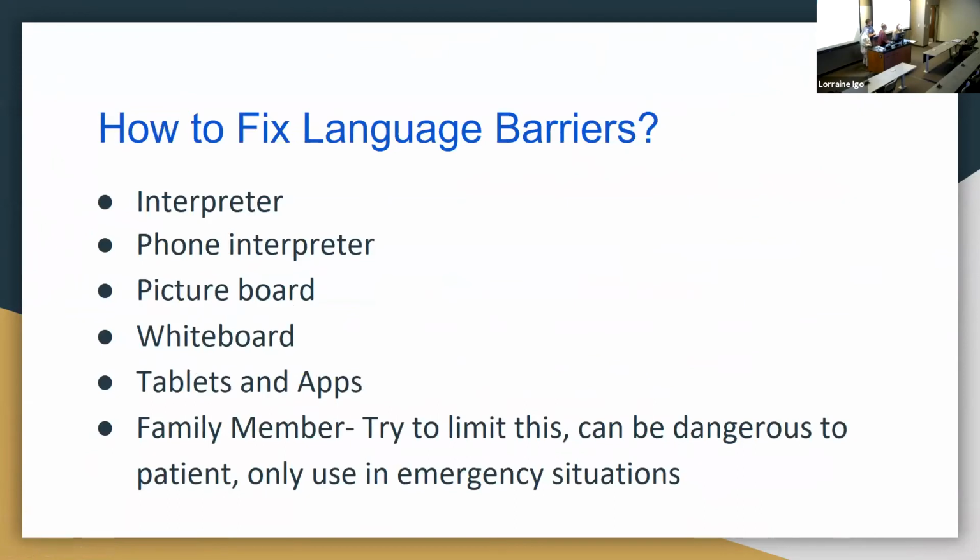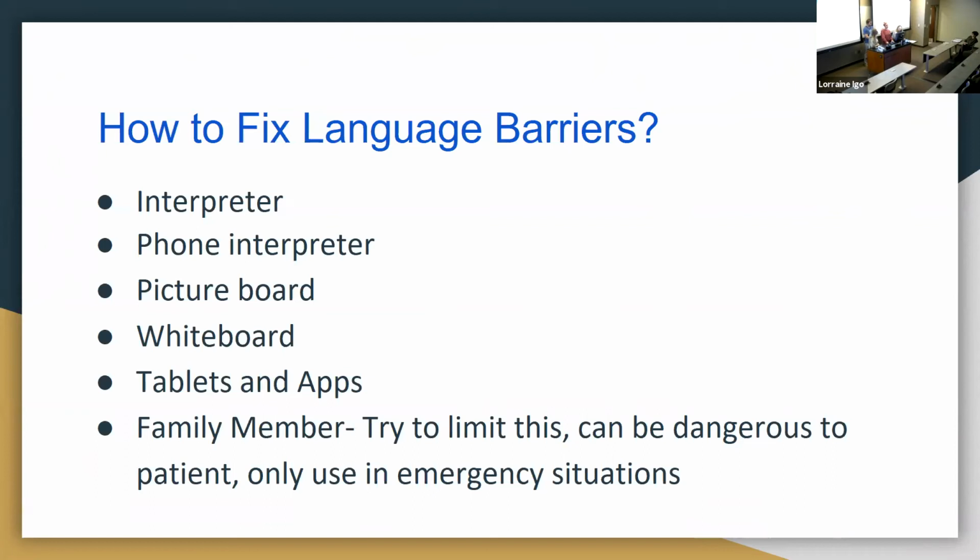Sorry. How to fix language barriers. In hospitals, you will usually see phones. They have these blue phones in the hospitals where the patient would be on one line and you would be on the other, and they would be able to hear in their language. There are also interpreters that circulate the hospitals. You can use picture boards or whiteboards.